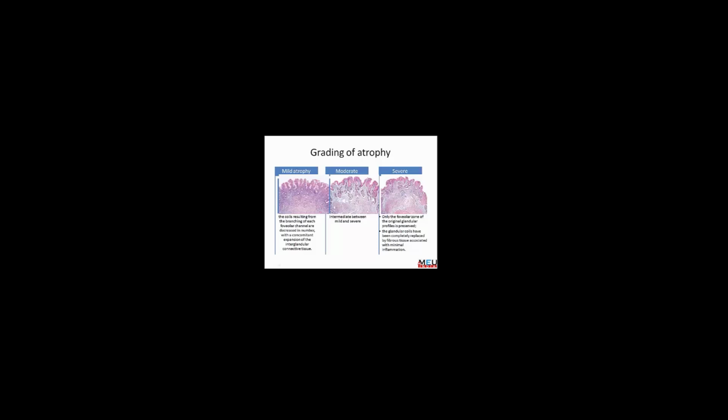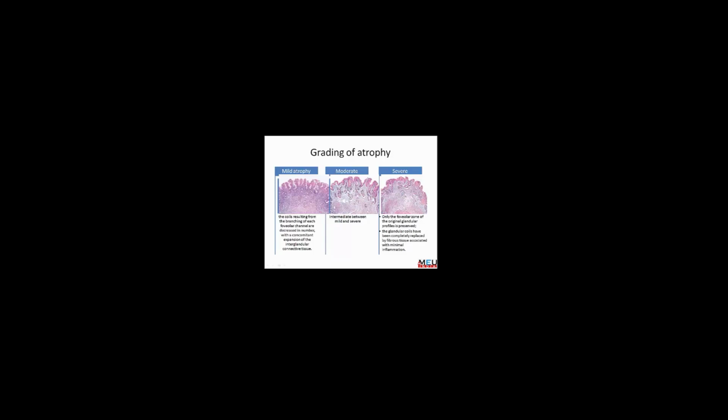Here you can see the connective tissue is increasing. In the moderate variety, the glands are quite widened, and the amount of interglandular connective tissue has increased quite a lot.